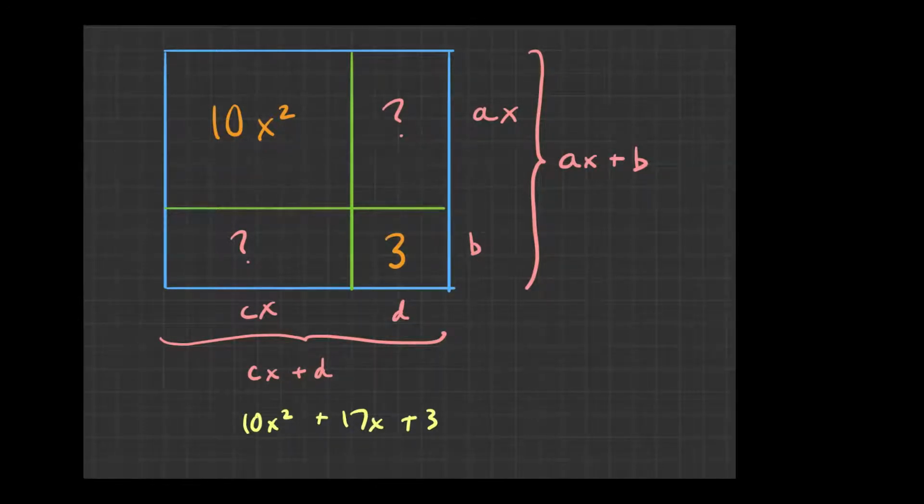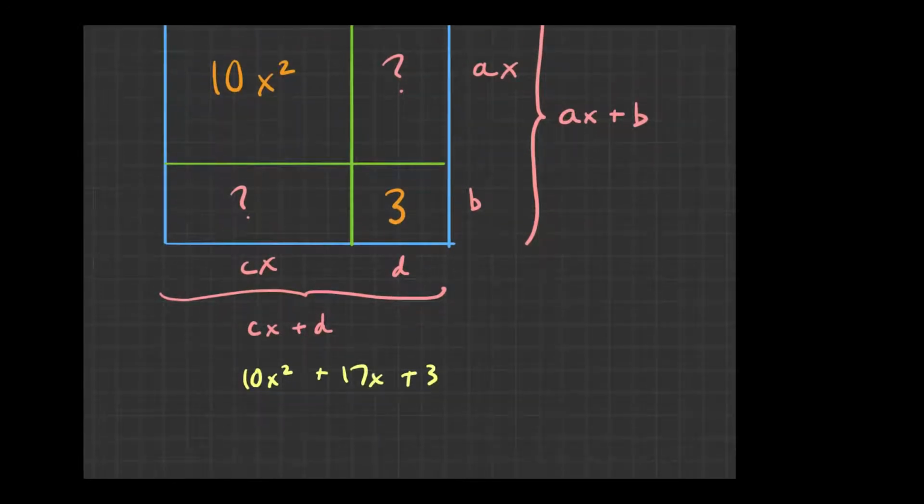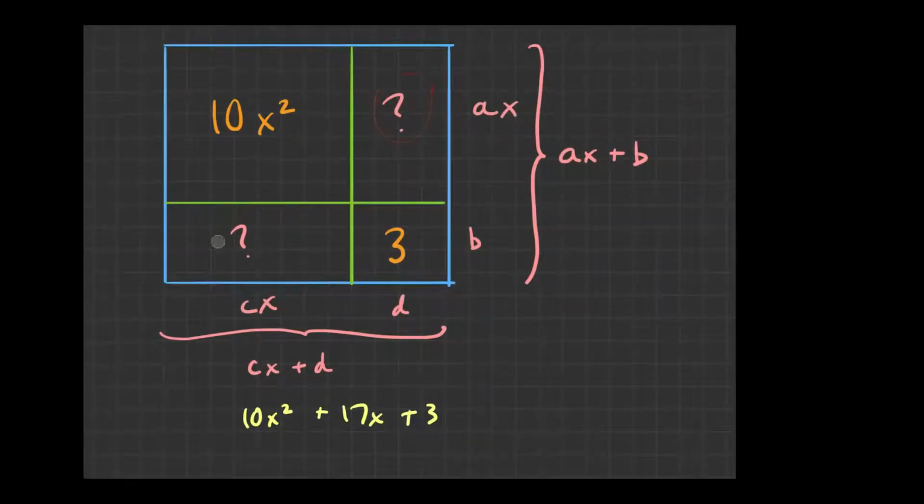What I do know is I know something important. Whatever this is plus this, that's what 17x needs to be. Okay? So this plus this is going to be 17x.